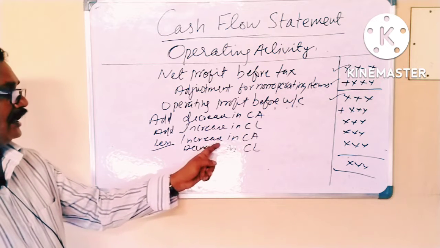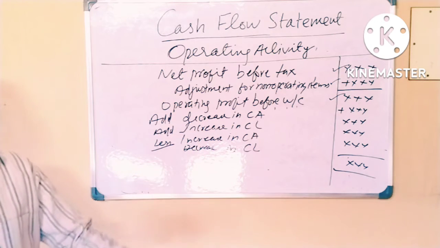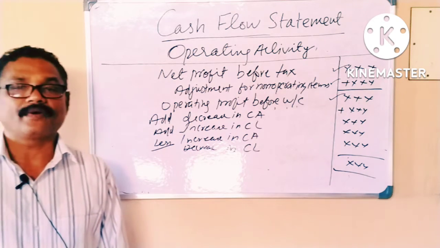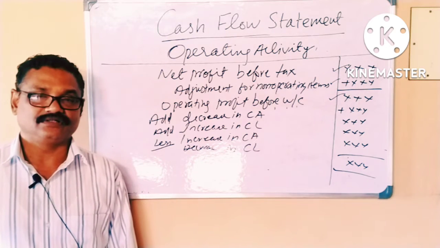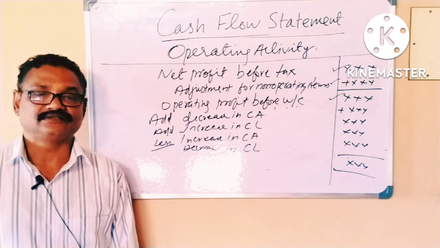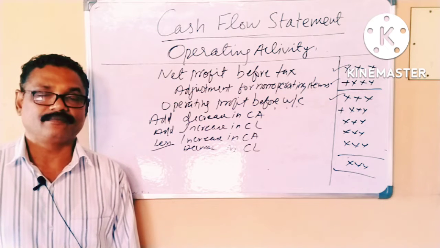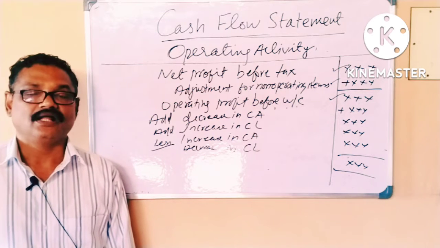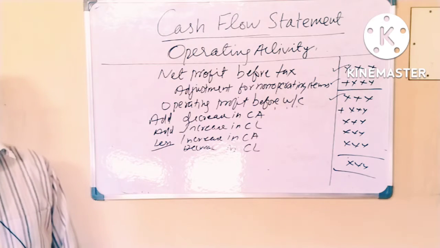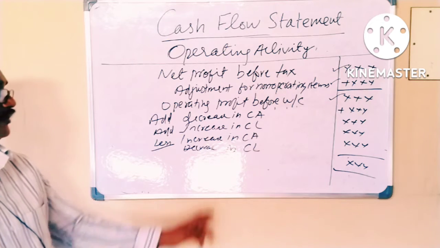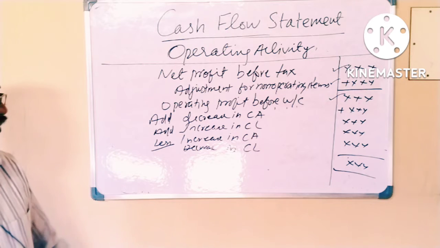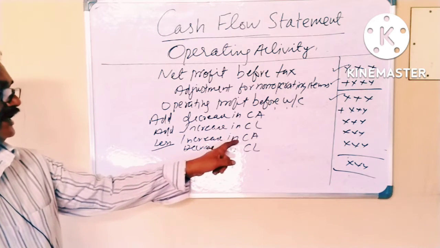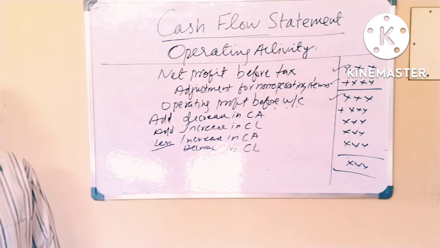Next, increase in current asset. If the value of current assets that we understood earlier, like cash, bank, debtors, bills receivable, stock, is going to increase, what should we do? We have to deduct such a value.